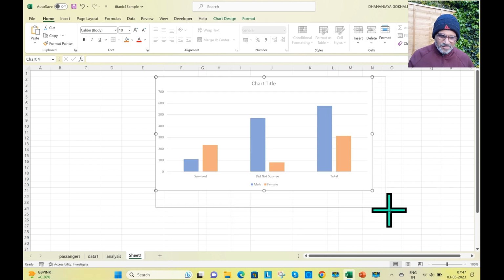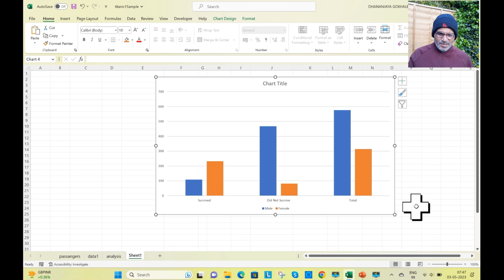All right, so the legend says here blue is males and the other color is females. And the first one is survived, second one is did not survive. So for survived, if you see, fewer males survived and more females survived. You could make out very clearly.